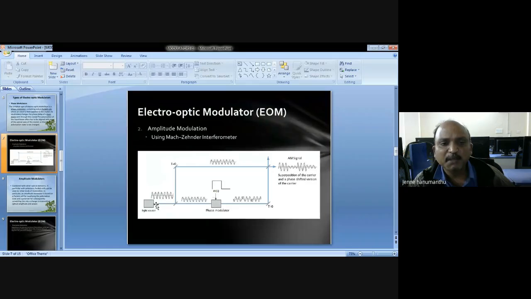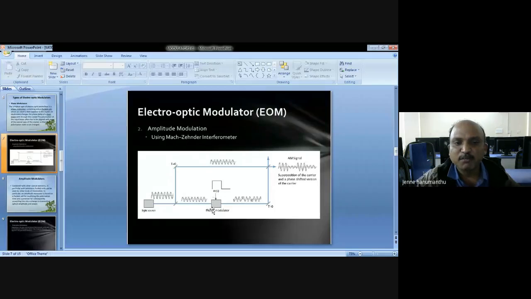The same input is focused on the other mirror, and the same input is also given to the phase modulator. So this signal and the modulating signal are combined, and we can have an amplitude modulated signal. This is called an amplitude modulated signal.